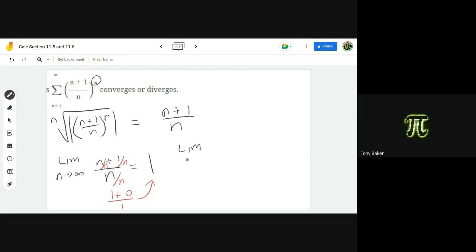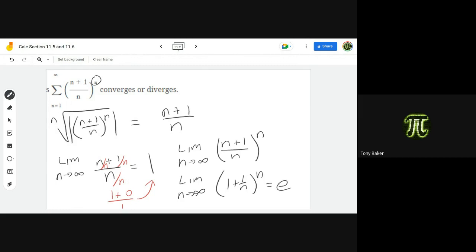So if I did the limit as n goes to infinity of just the original problem, that is 1 plus 1 over n to the nth power, which should look familiar considering we did it less than 10 minutes ago. That is what?